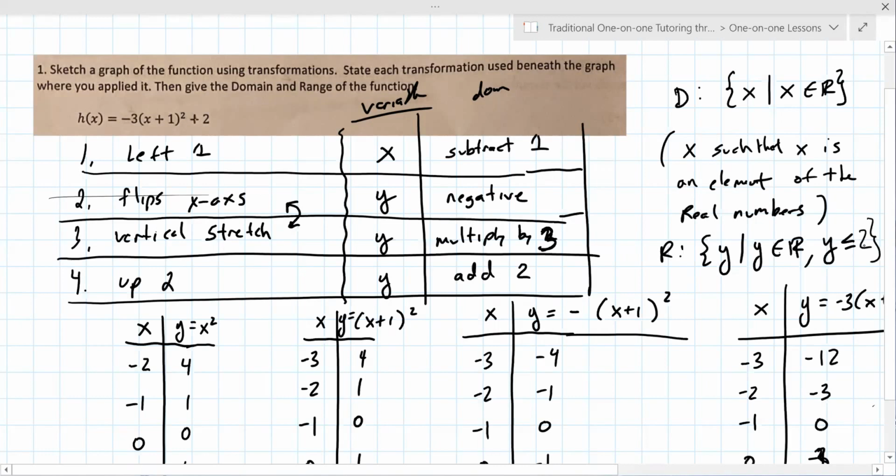You were saying it the other way, which is correct, but it's not preferred. Don't do that unless you want to get dinged a little bit on your test. The variable is traditionally on the left.